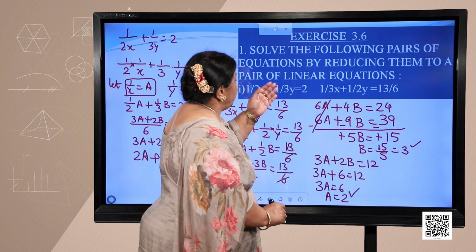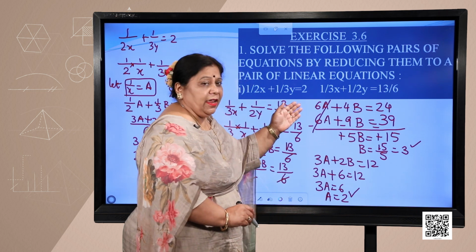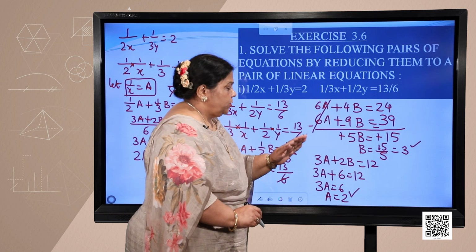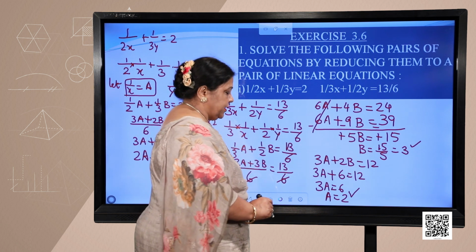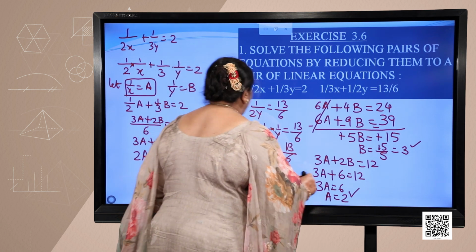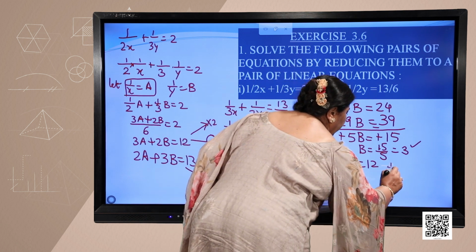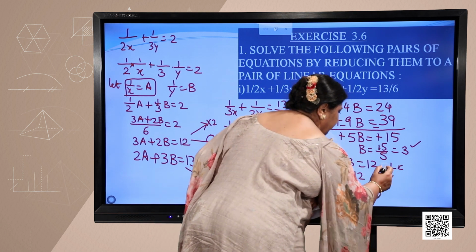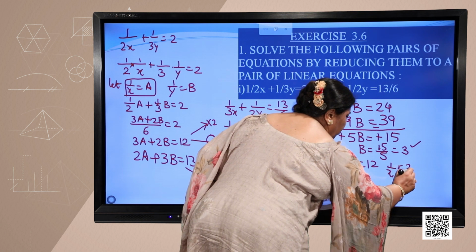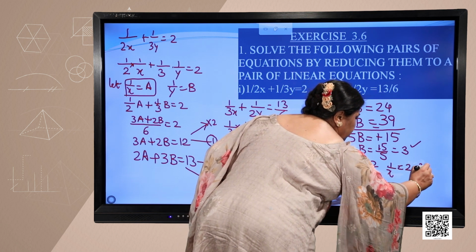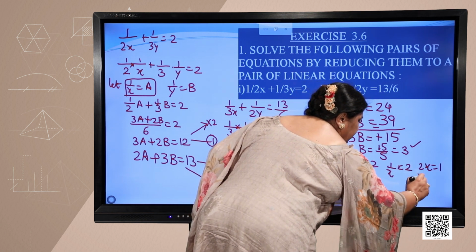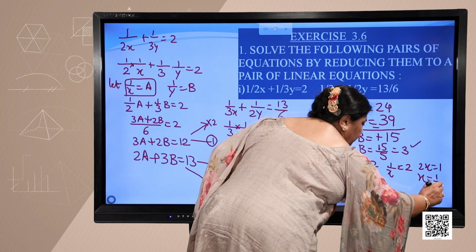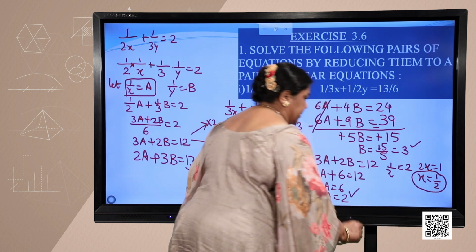No. The question was in terms of x and y, I need to solve in terms of x and y. I have to find the value of x and y. What was the value of a? It was 1 upon x. So, I can take 1 upon x as 2. So, I get 2x is equal to 1 or x is equal to 1 upon 2. This is the value of x.